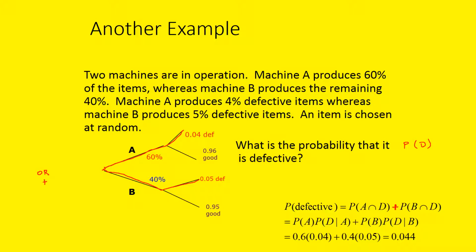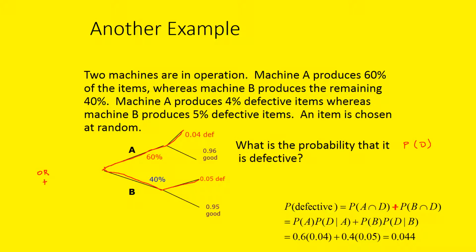You could be machine A and defective, machine B and defective. So we're going to add probability of A and defective to the probability of B and defective.